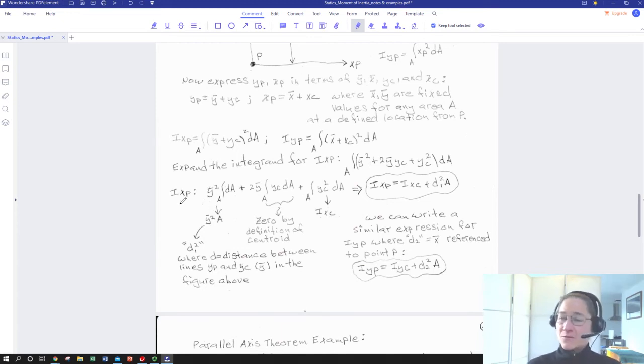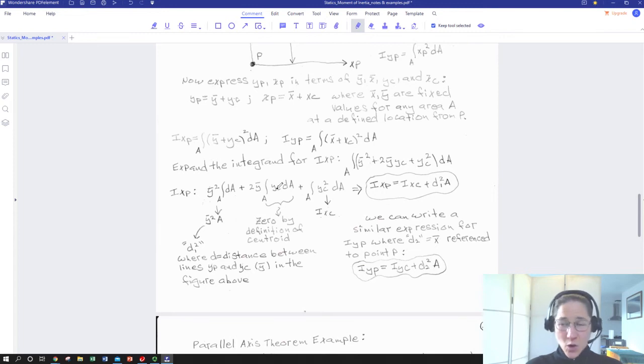We can define that for a shape. So that's pretty handy. So let's look at this middle term, which looks kind of squirrely. So we've got twice the centroid location, so that's going to be a number. Then we have the integral over the whole area of the y-centroid with respect to that area unit.